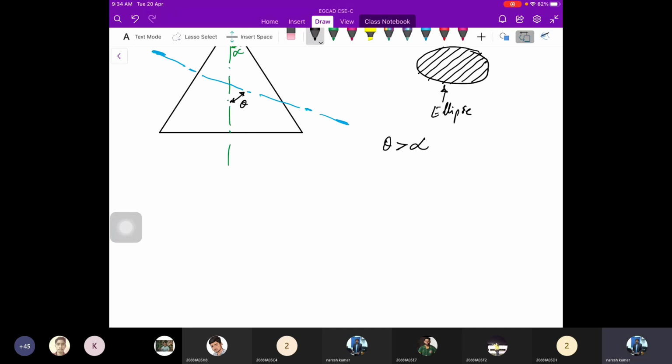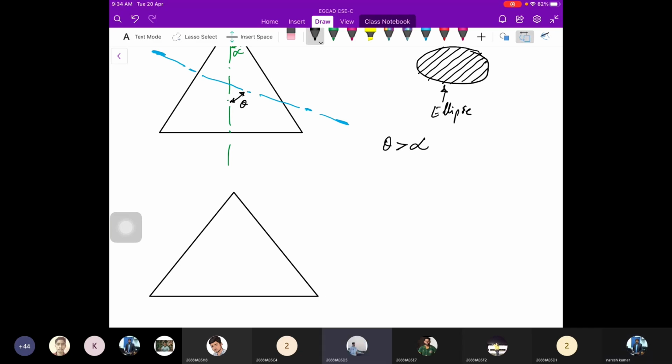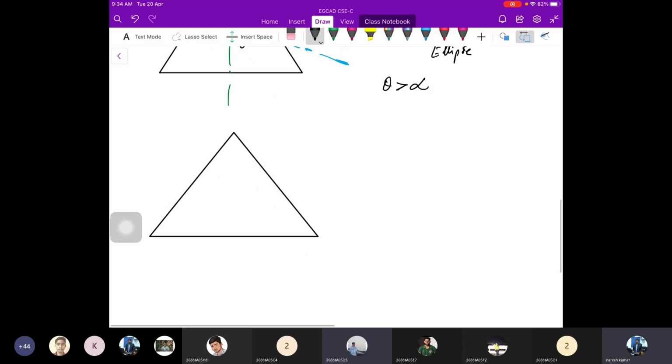Similarly, again I am drawing the front view of a cone, and this is the axis line.